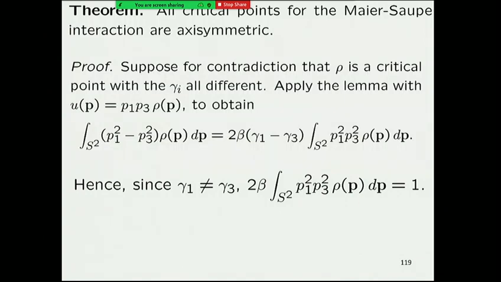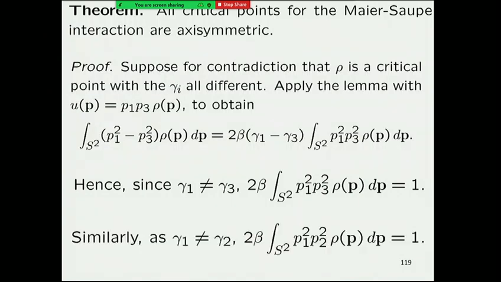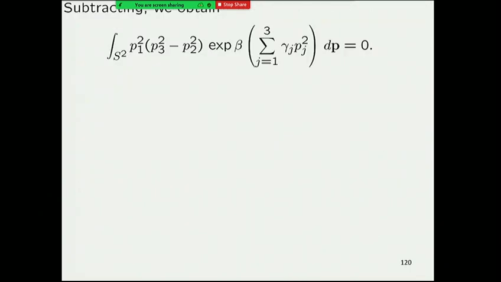Okay, so now you've got this expression, and similarly, as gamma 1 is not equal to gamma 2, you have the same thing where you replace 3 by 2, and then you can subtract those two equations. Then you get that the integral, where I've now substituted for rho, which is this exponential divided by Z, is 0.